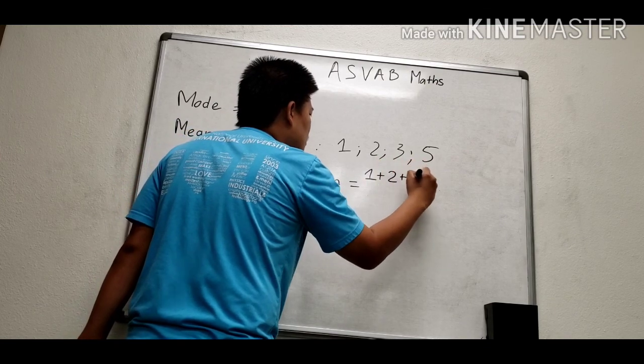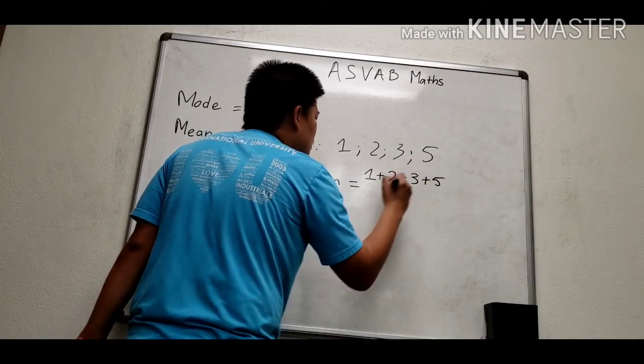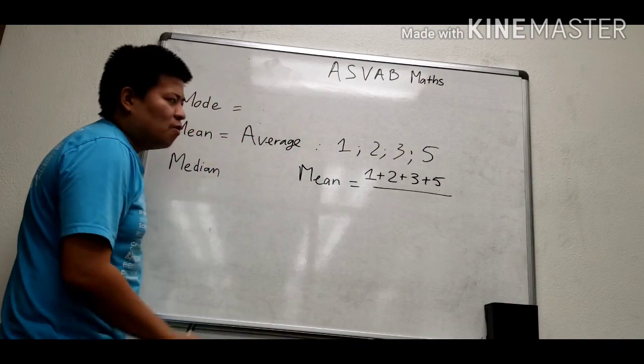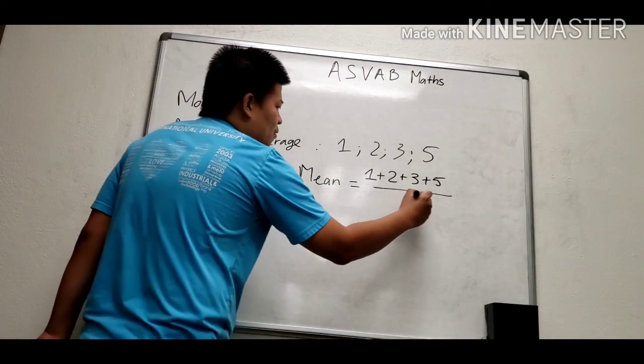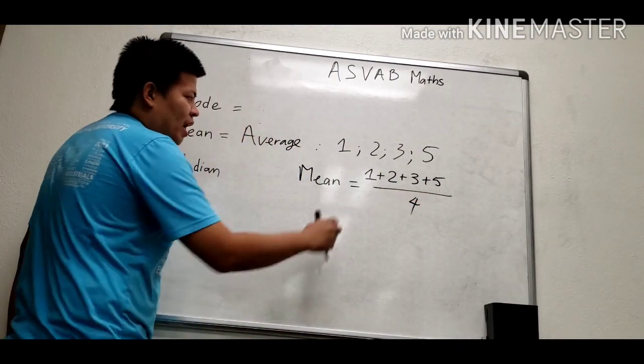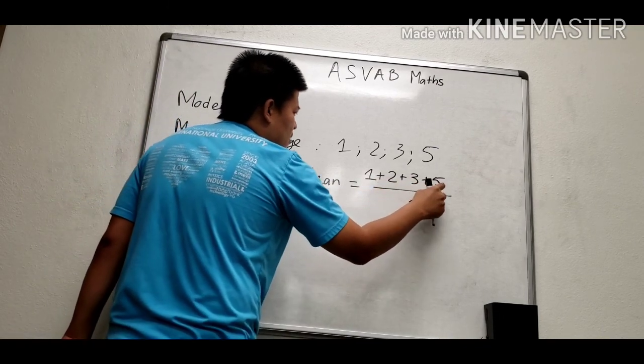We have 4 numbers, so we divide by 4. We have 1, 2, 3, 5.